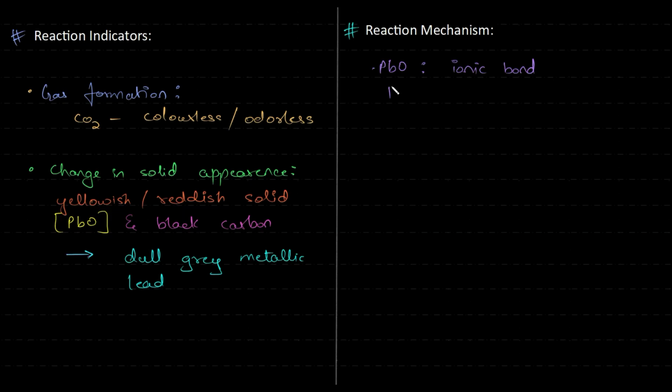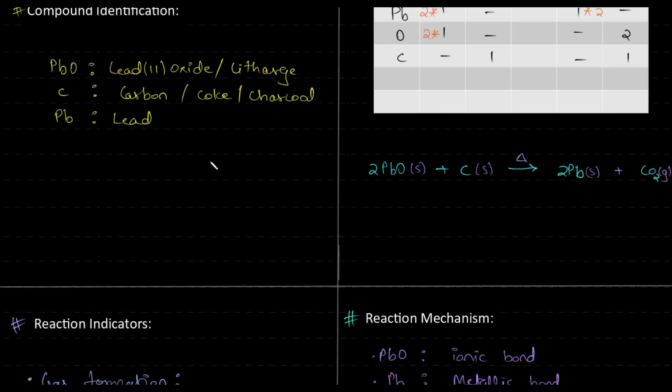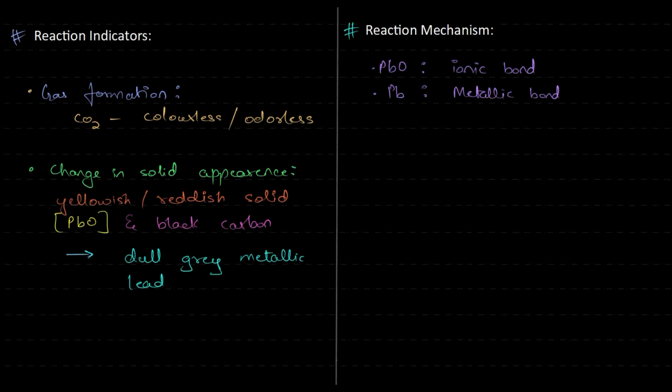And when Pb separates, then it is metallic bond. And CO2 and all of that is your covalent bond, is it not? Now the question of which is being oxidized and reduced. So first thing first, let's look at reduced.